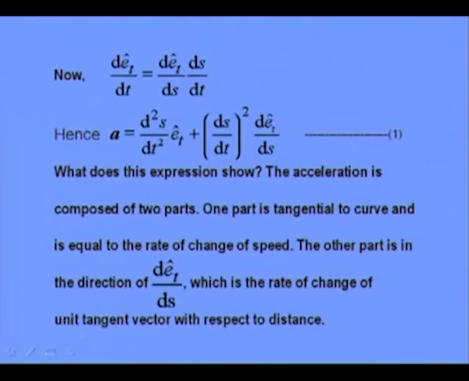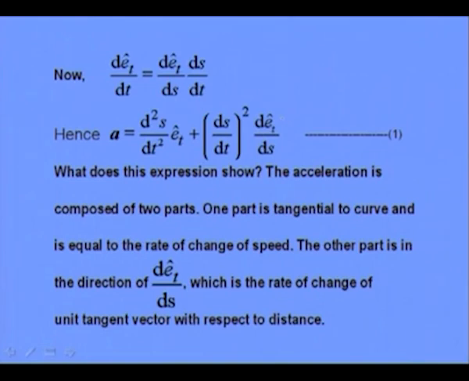So, let us see how we can simplify. Now, det by dt is basically det by ds into ds by dt. It can be written like this. Therefore, acceleration becomes d square s by dt square et plus ds by dt whole square det by ds. What does this expression show?